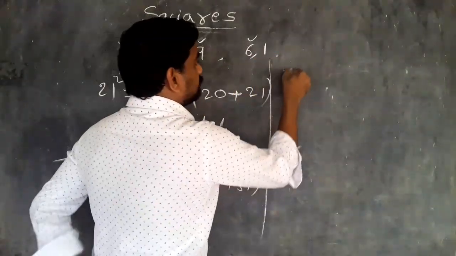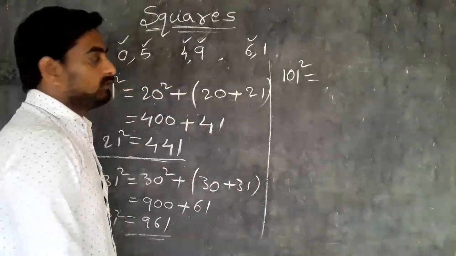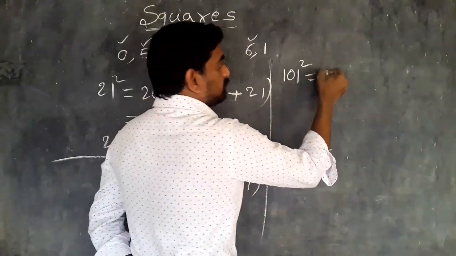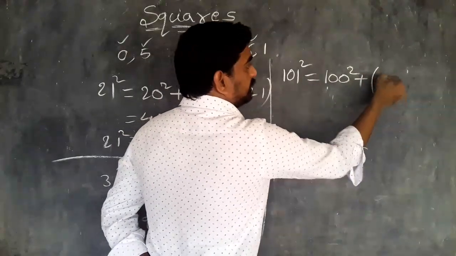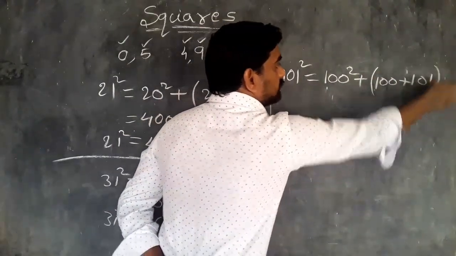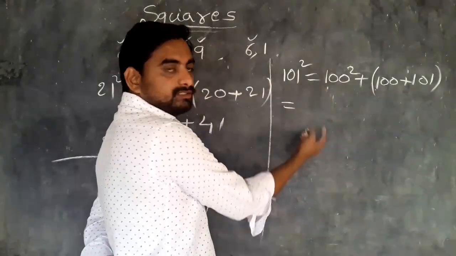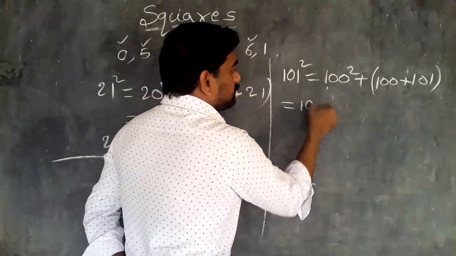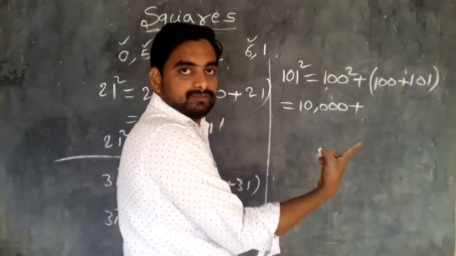1 ending, 101 square. So 101 square: 100 square plus 100 plus 101. So 100 square is 10,000 plus 100 plus 101, 201.